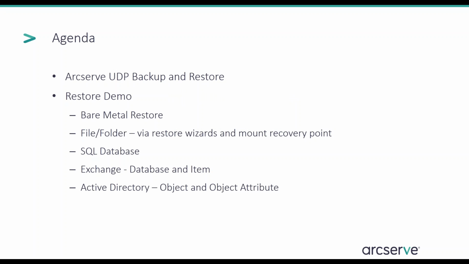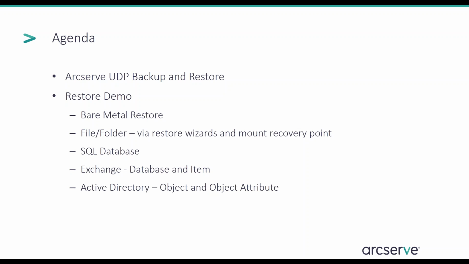So today we'll take a very quick look at the backup and restore at a high level with Arcserve UDP. And the bulk of the session will be dedicated to performing a few different demos. We'll take a look at how to perform a bare metal restore. We'll look at doing file and folder restores, both using our restore wizard, as well as using a method called mounting a recovery point.